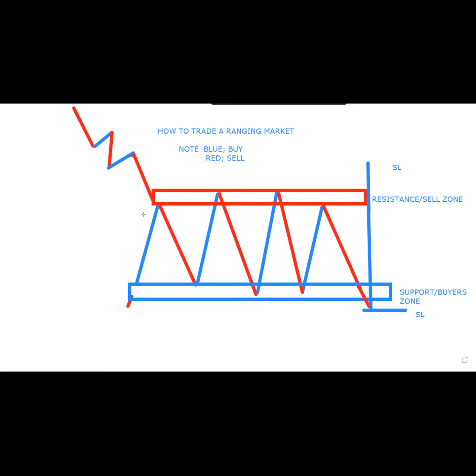So this was a downtrend. In this downtrend, there was a zone here. Remember, a zone is where buyers came in, meaning a buy was coming from here. There was another zone here where sellers came down. Are you seeing it?